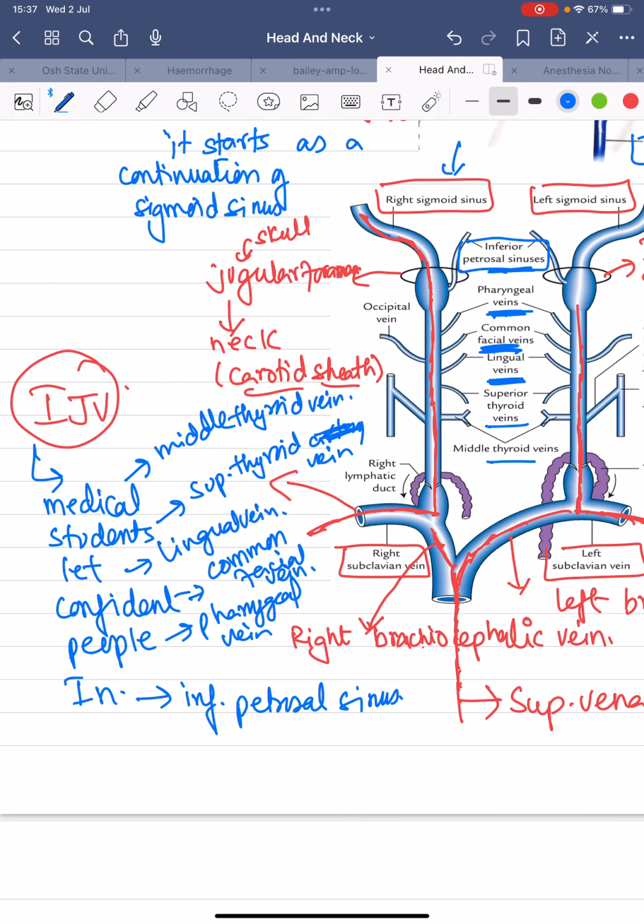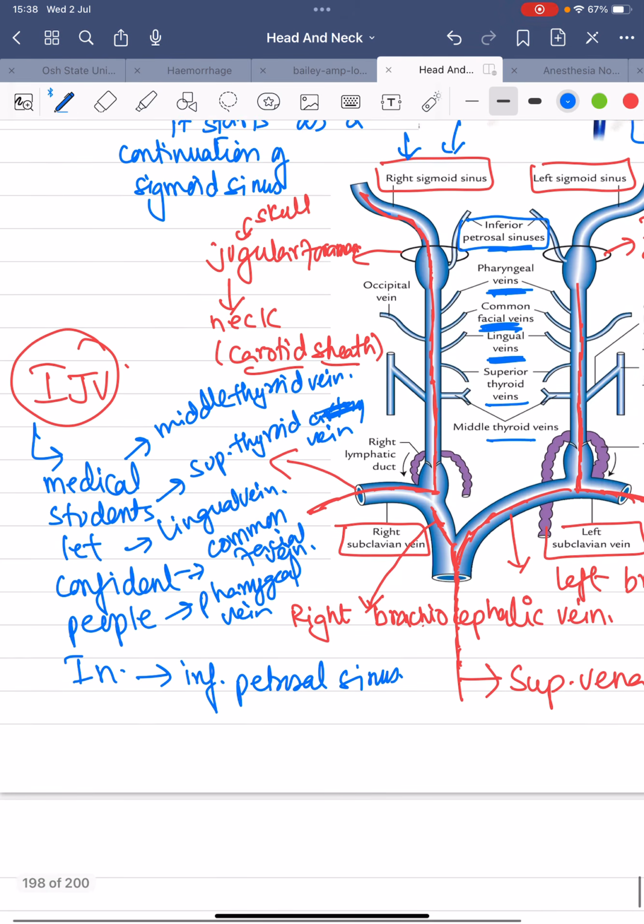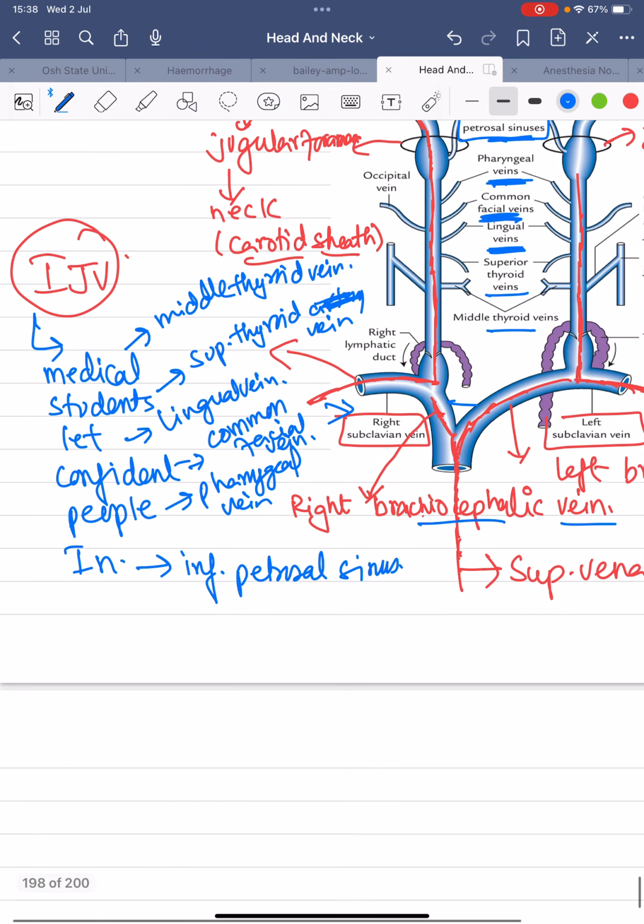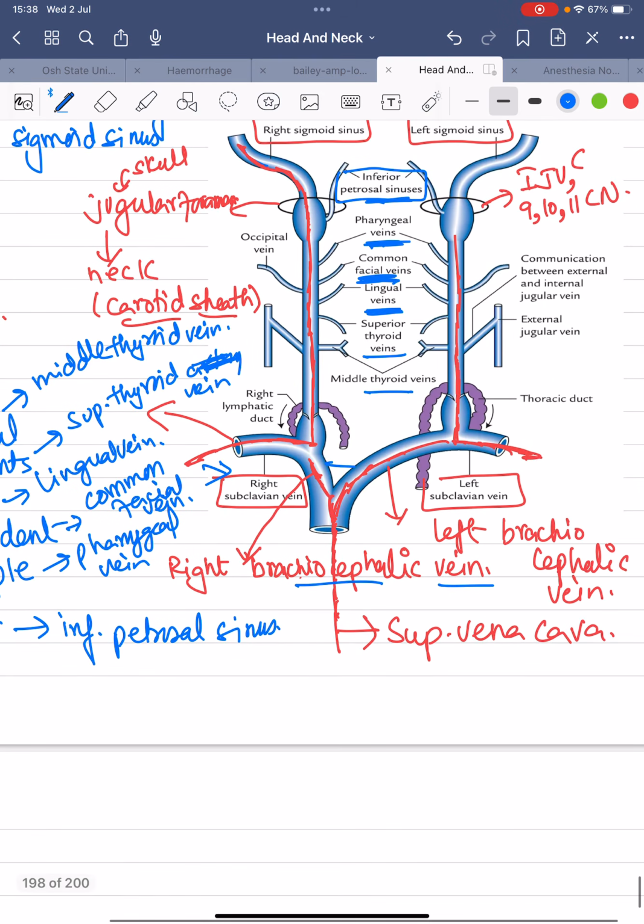It begins at the jugular foramen, ends behind the sternal end of the clavicle bone by joining with which vein? Subclavian vein. Joined together, they form the brachiocephalic vein. The two brachiocephalic veins join together forming which vein? Superior vena cava.